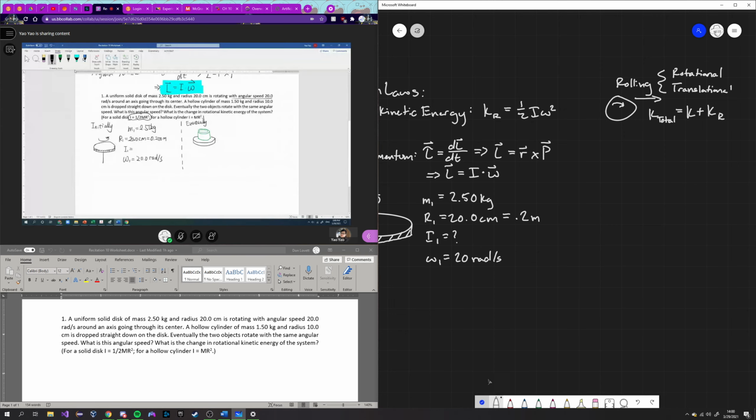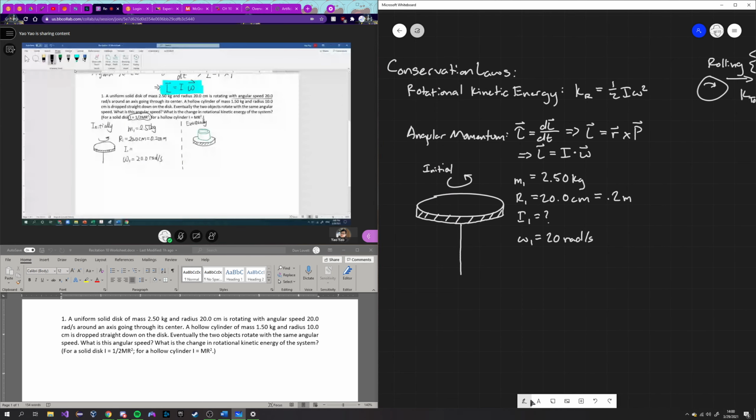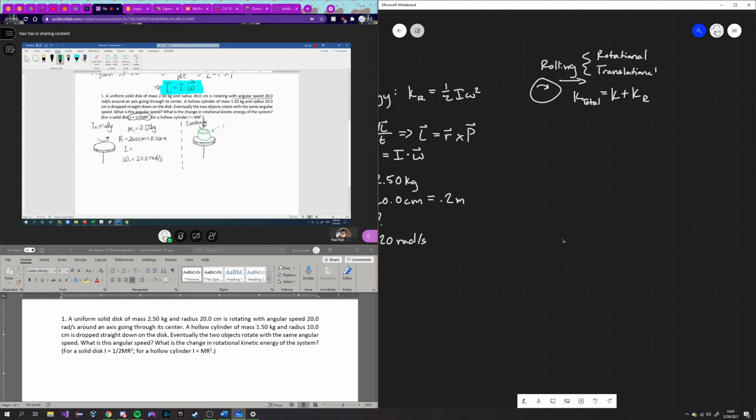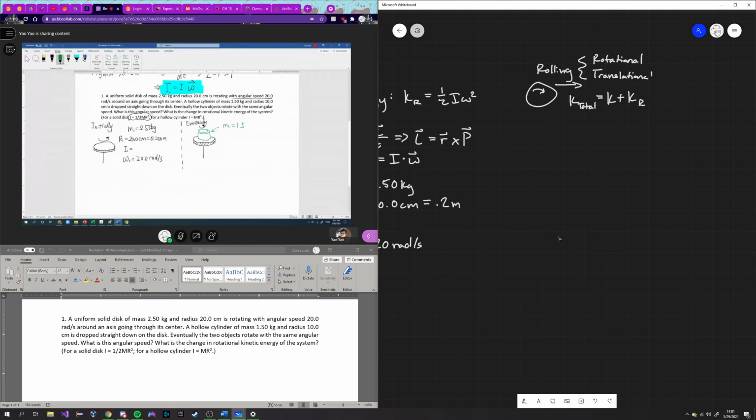So this is your new rotational system, and it must have a new angular speed. And what we know about this hollow cylinder, we know what is M2. We also know what is R2.